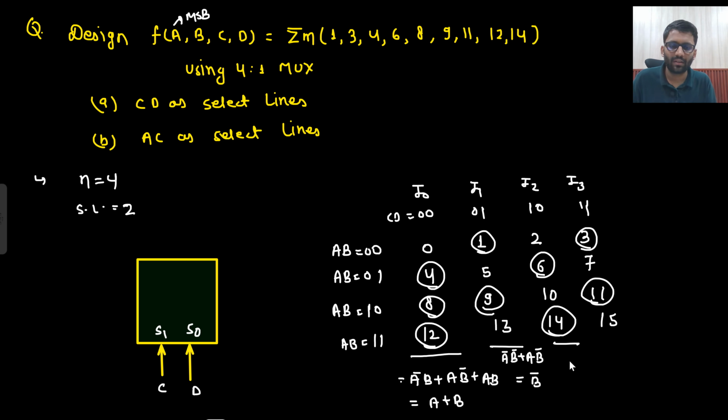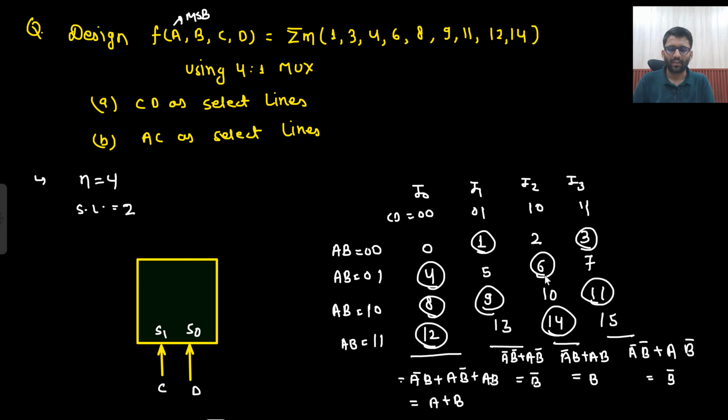A bar B plus AB. What are you getting? B only. And what about this? A bar B bar plus A B bar. We are getting B bar only.